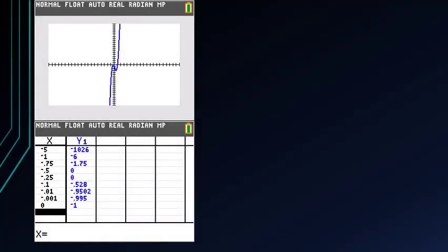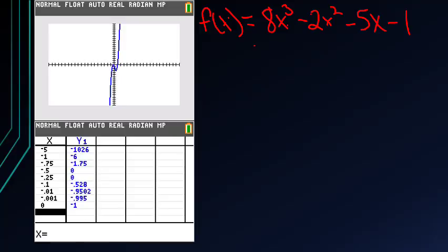Okay, so I'm still at the bottom of page 27. Determine between which consecutive integers the real zeros of each function are located on the given interval. And so I'm given this: f of x equals 8x cubed minus 2x squared minus 5x minus 1, and it's asking us, is there anything between the interval -5 and 0 where we see any sign change?